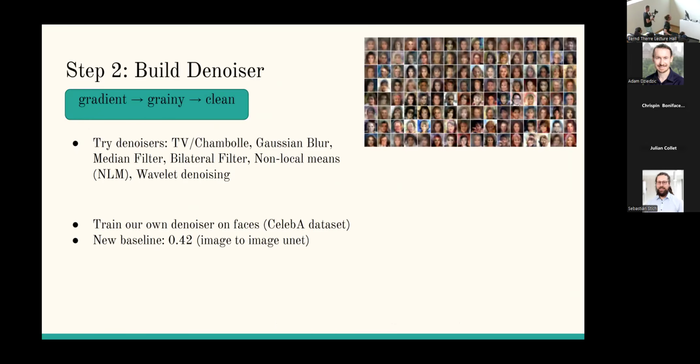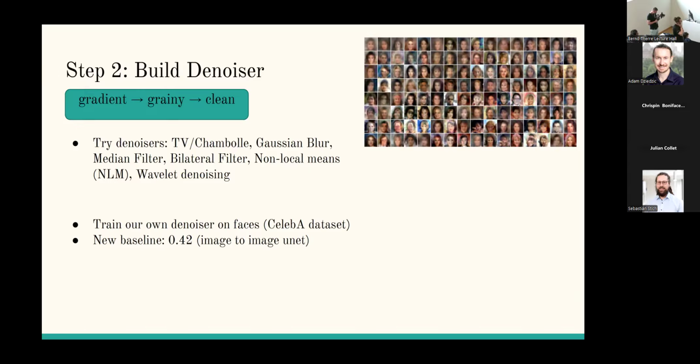So we tried a bunch of different denoisers that existed. The issue with that was that they don't know our noise, right? That's generated when you convert the gradients to images. So we trained our own denoiser. We found a public data set of celebrity faces, and we plugged the faces into the white box models in a forward pass, and then we did backpropagation to get the gradients.